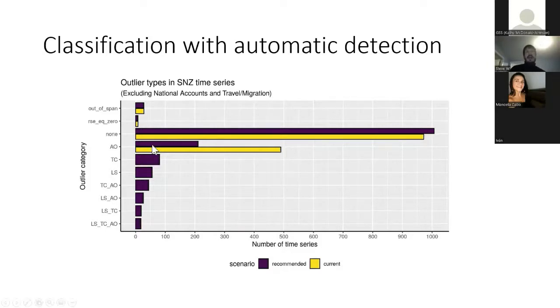Due to having other categories and also due to raising the critical value, you'll see that the AO category from yellow to purple went down. So we're modeling a lot less additive outlier only with this scenario. And then we've just got this residual category at the top, out of span, RSC equals 0. That's just residuals stuff.